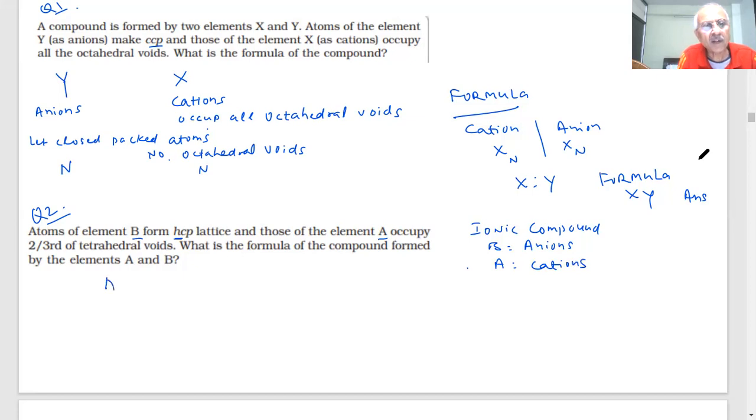So what is the ratio in which they are present? Let the number of lattice particles be n.